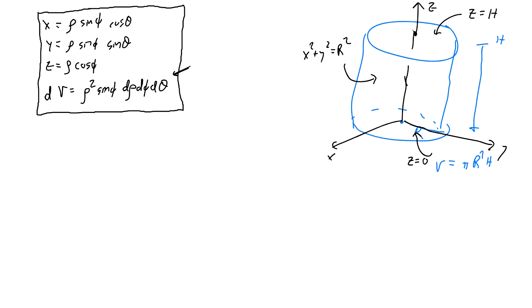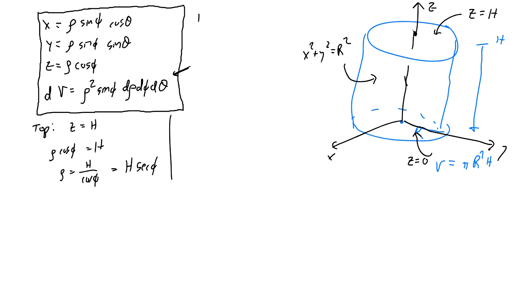So let's take them one at a time. The top of this solid is z equals h, which is the same as rho cosine phi equals h. So rho is h over cosine phi. In other words, it's h secant phi. I'm going to do the bottom up here.